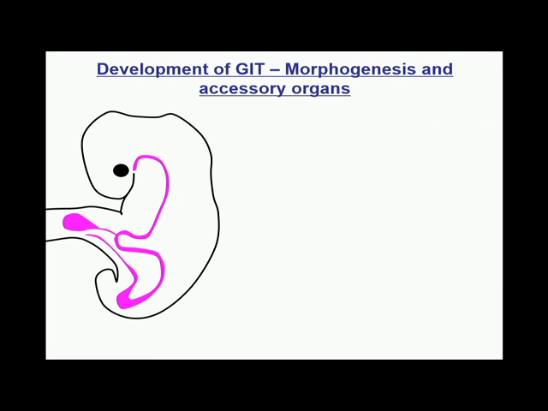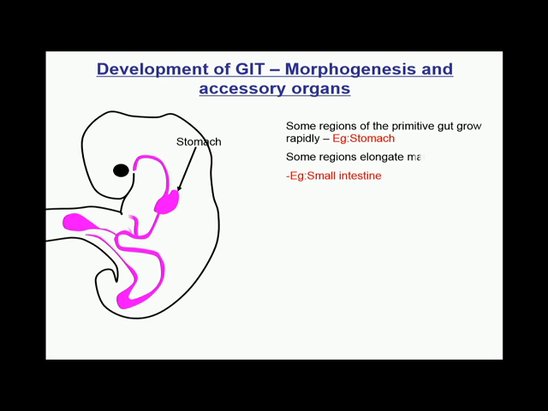So this is the basic pattern of the GIT. You get, inside the uterus, in utero, yes, some of these regions develop to enormous size, for example the stomach, right? And some regions grow in length, the small intestine, for example, right?